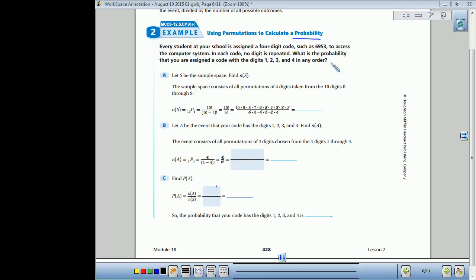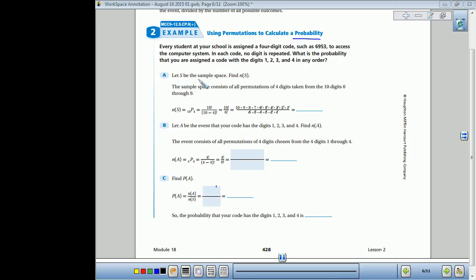Well, probability is the number of favorable events over the number of total possible events. So that denominator, total possible events, we could use the counting principle or permutations. In this case, let's use permutations just because they're going to be new to us.